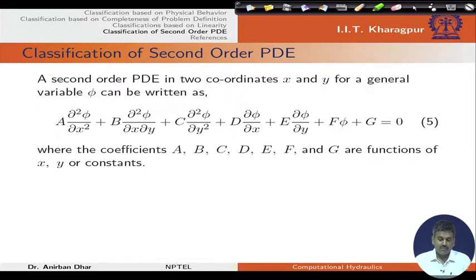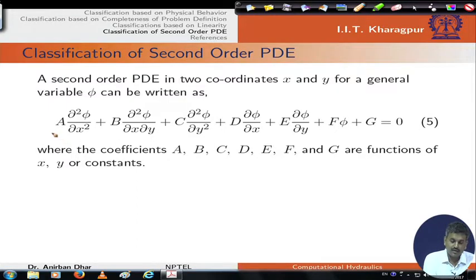If we have two independent variables and phi is the dependent variable, then we can write this equation where A, B, C, D, E, F, G are coefficients, and these are actually functions of x and y, otherwise these values are constant.